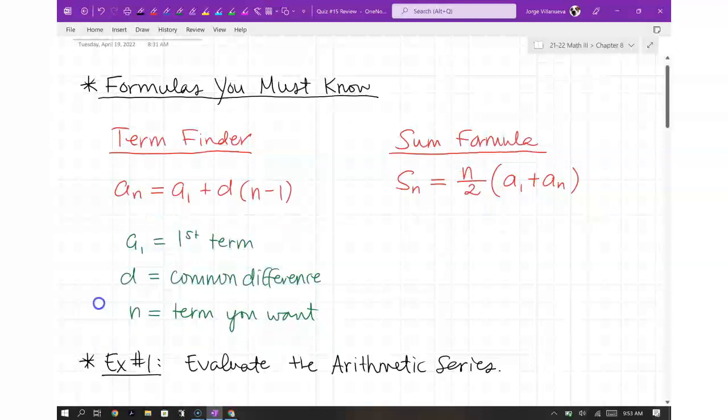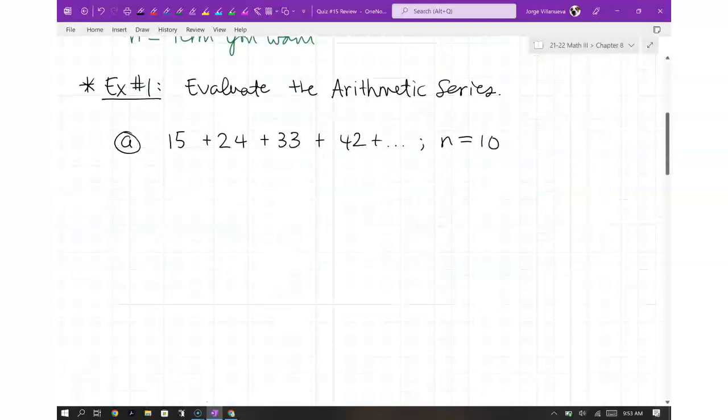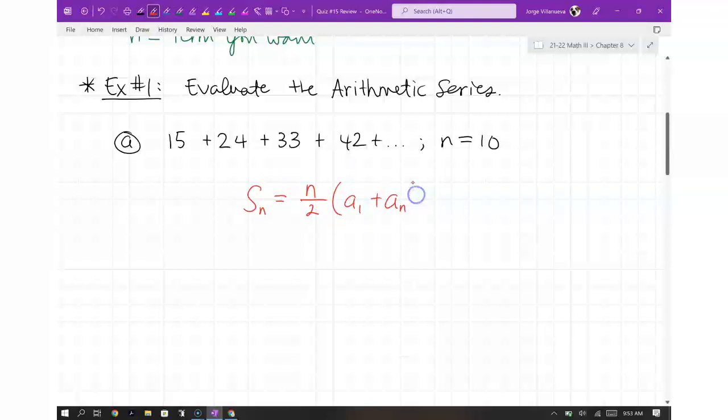So here we go. So we're going to evaluate the arithmetic series. In other words, find the sum. So I'm going to write this down. S sub n is equal to n over 2 times a sub 1 plus a sub n. Okay? So I got to find the sum of that. Now, do I know my n value?